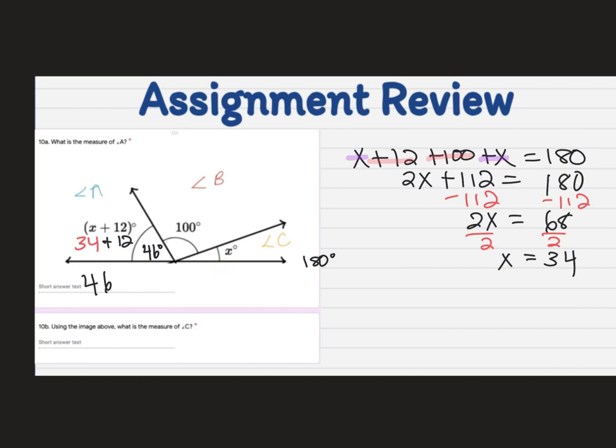And we know that x is equal to 34. So angle C is 34. And when you add your three angles up to make sure you did this correctly, so A is 46 degrees, B is 100 degrees, and C is 34 degrees. When I add all those up, I get 180 degrees, like I should.